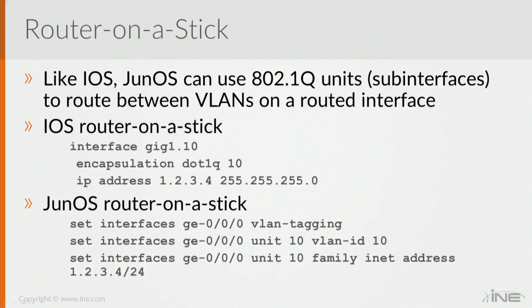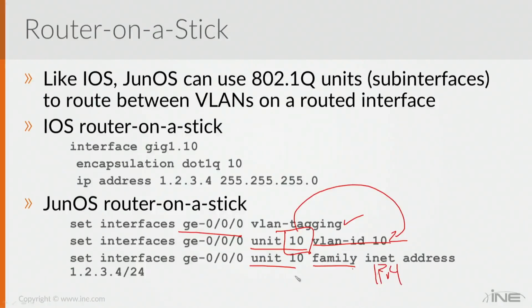This is the combination of both the VLAN tagging command under the global interface and also the VLAN ID under the unit number, where normally the unit number is going to map to the VLAN ID, but technically they're separate variables. Then we have the IP address, which is going to be under the unit, under the family. In this case, the family is IPv4, and then we have the particular address that's assigned.